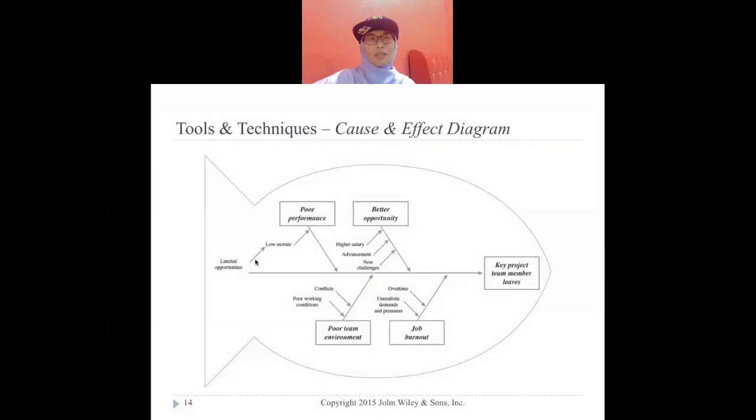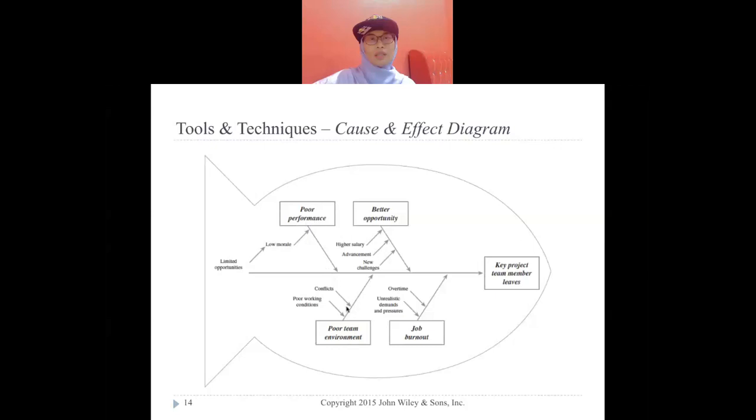Okay, and this is the Ishikawa, the fishbone, cause and effect. So there is a cause and effect inside this one. It looks like a fish bone here, that's why it is called fishbone. Starting from this one: poor performance, limited opportunity, low morale. Better opportunity is the high salary, advanced new challenge.